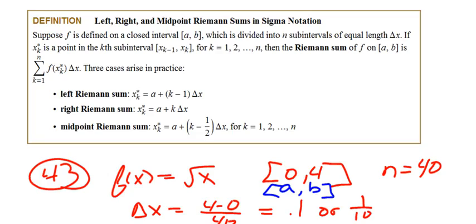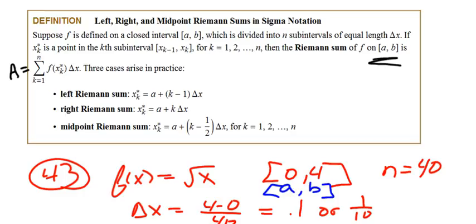So then I'm going to move on to left, right, and midpoint Riemann sums in sigma notation. So we have here that we can use the 3 different cases. Remember, these are going to be on an interval from a to b. We're going to use this area here.